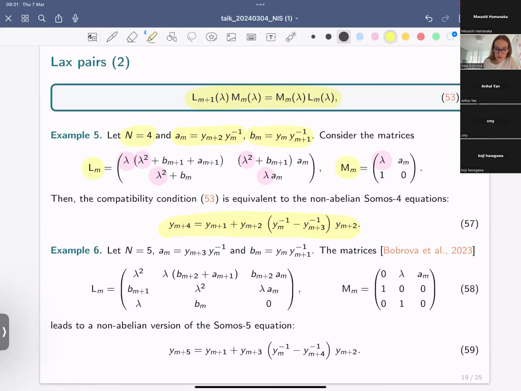One more example is related to the Somos 5 equation, to be more precise, to the non-abelian version of the Somos 5 equation. If we set n to 5, and consider these two functions a sub m and b sub m, and consider these two matrices, L sub m and M sub m. These two matrices are of 3 by 3 size, and they also depend on the spectral parameter lambda.